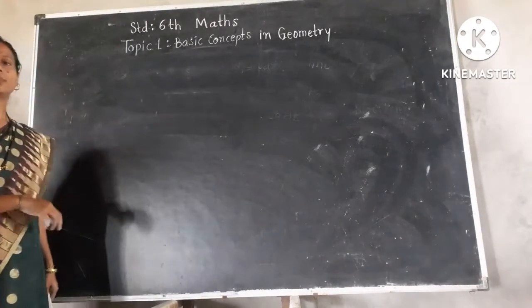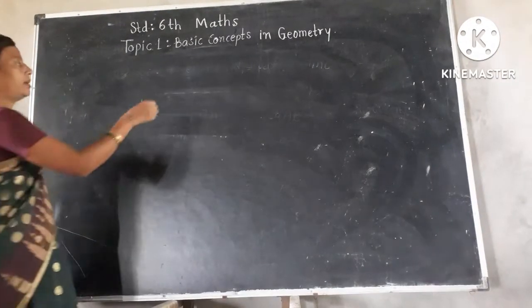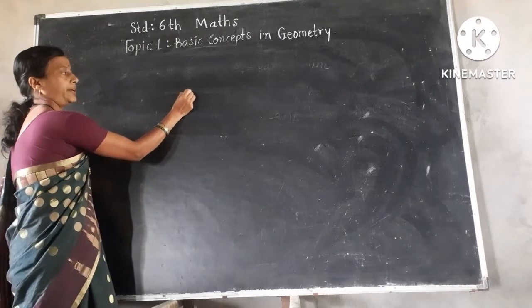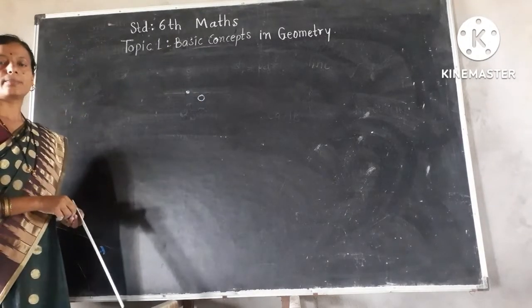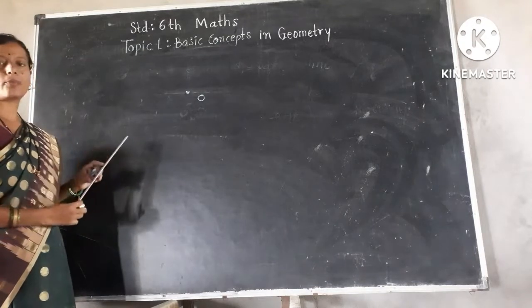Now we see some more concepts. I can draw a point O. How many lines pass through this one point?